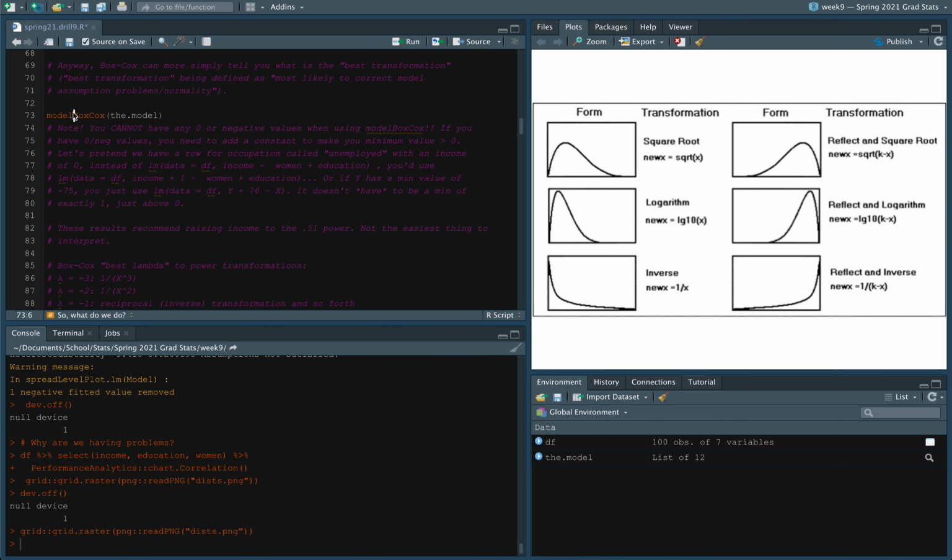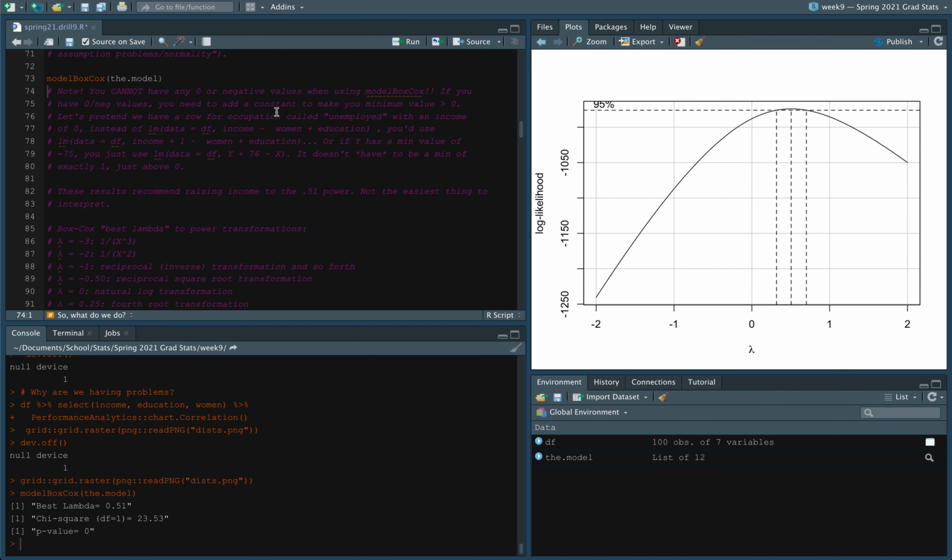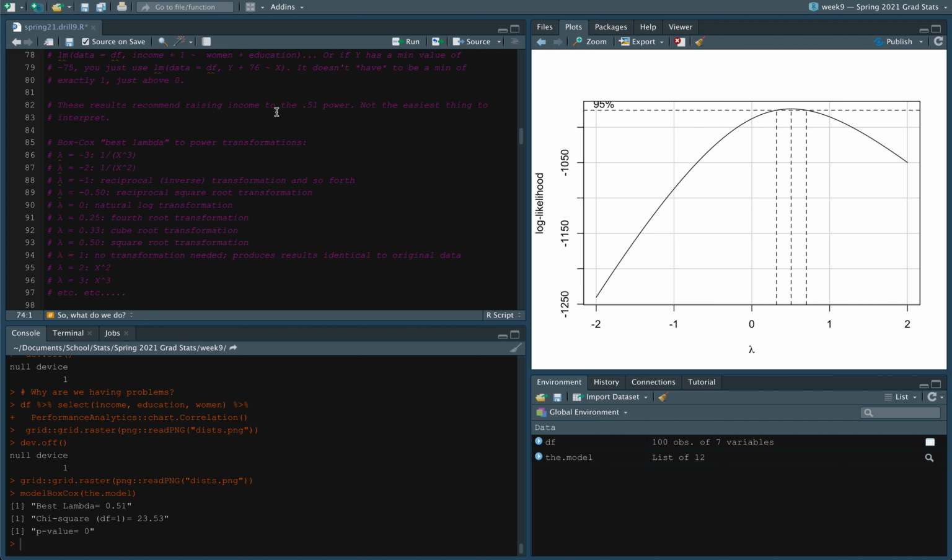So if we run Box-Cox for this model that we've run, what it tells us is our best lambda is 0.51. That's not really easy to interpret, though, and we'll see why in just a moment.